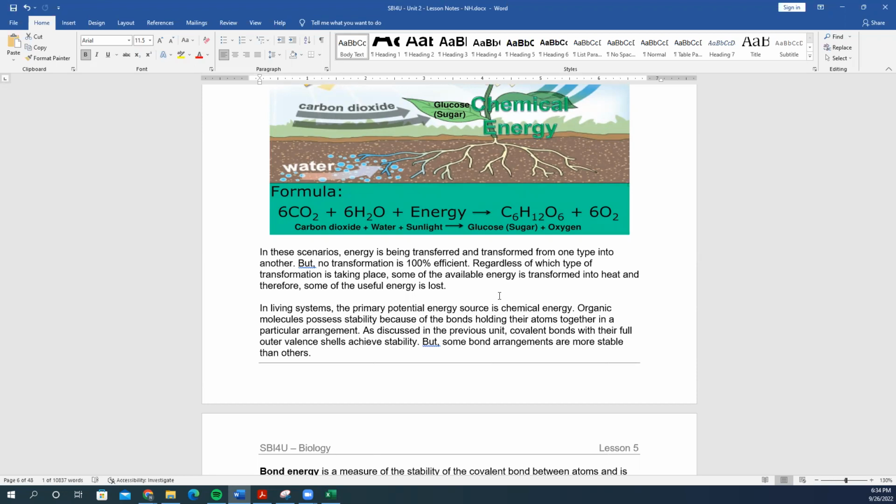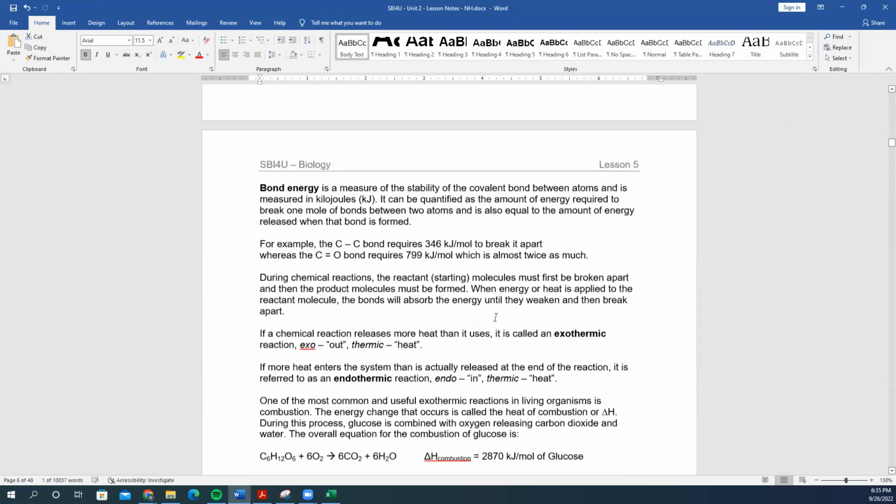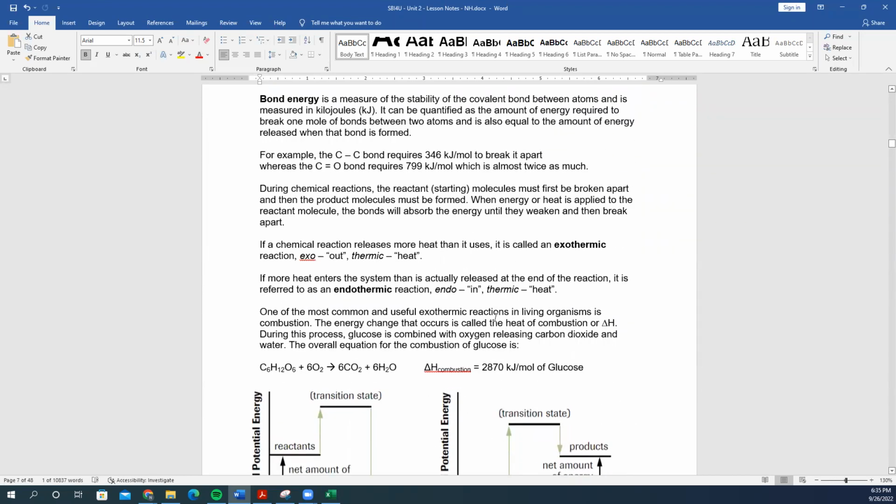So it all depends on how these bond arrangements are and how stable or labile they are. So here we've been talking a little bit about the storage of energy in the form of the bonds that are holding the atoms of these molecules together. We've been talking about bond energy.